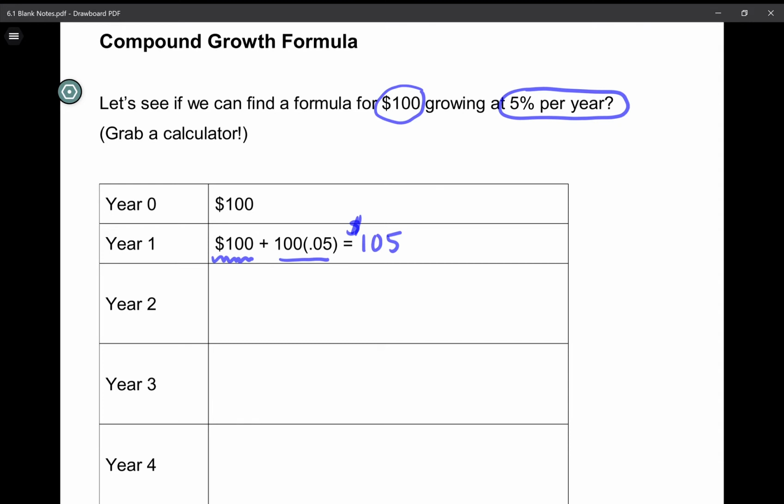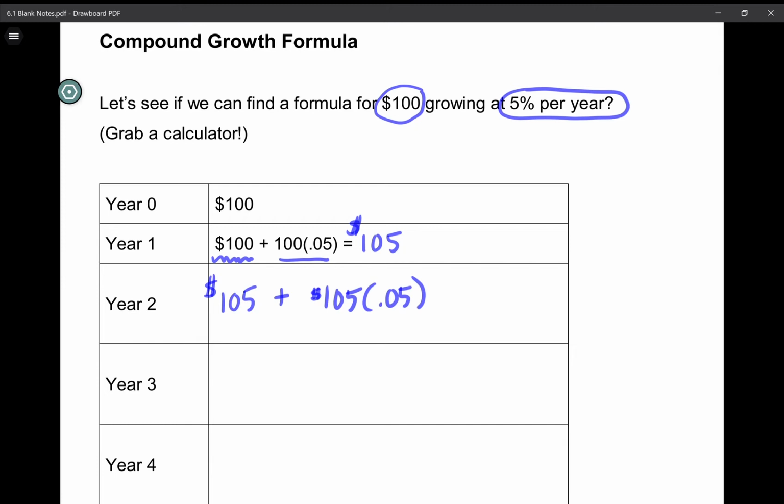How much would we have the next year? Well, we would have the $105, right? That was what we had from the previous year, plus we get 5% of that $105, right? Because now our investment is $105, not $100. So we earn more each year. So let's take 105, multiply that by 0.05 to figure out the 5%.